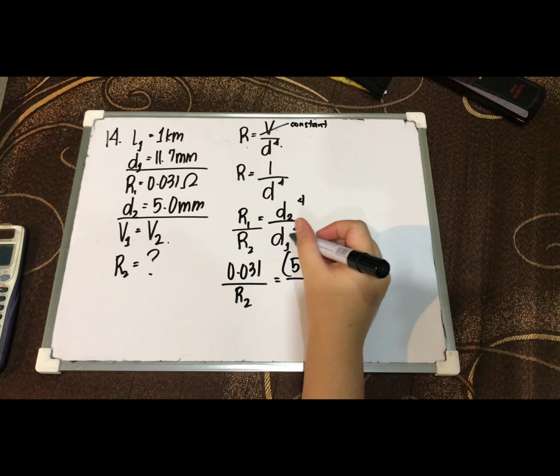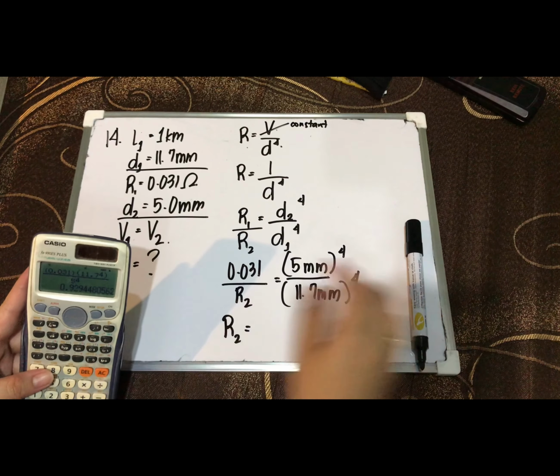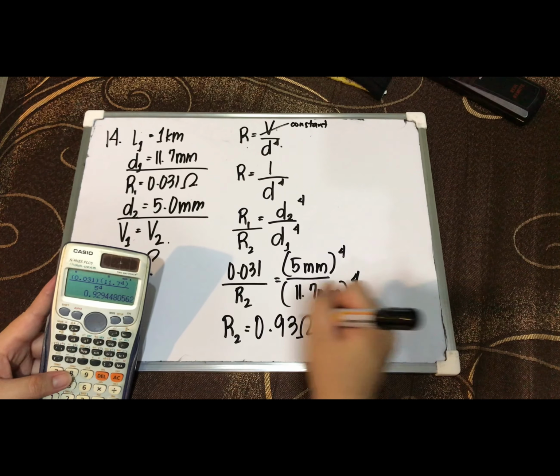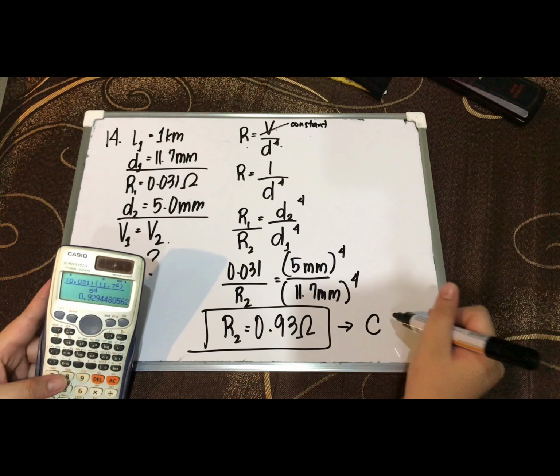And yung D1 natin ay 11.7 mm raised to the fourth. So, makukuha natin na yung R2 ay 0.031 times 11.7 raised to 4 over 5 raised to 4. So, magiging value ng R2 natin ay 0.93 ohms or letter C sa number 14.